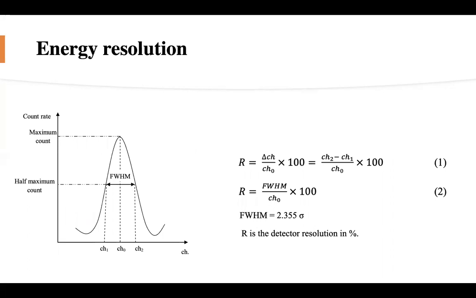This is just more explanation to understand what energy resolution is. This is just part of a spectrum that a radiation detector measures. We can define the energy resolution for this detector by the difference between two channels, meaning two different energies, divided by the mean.